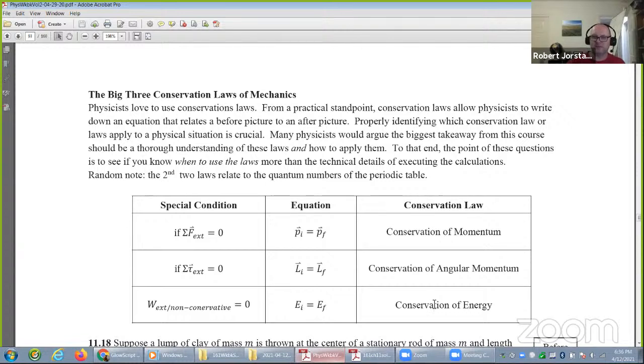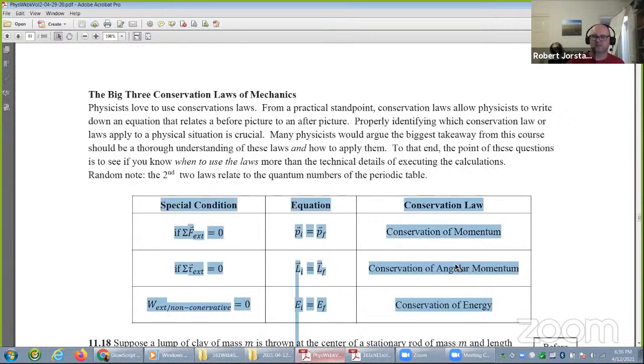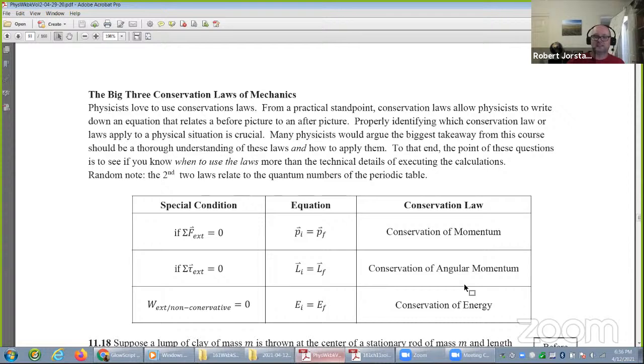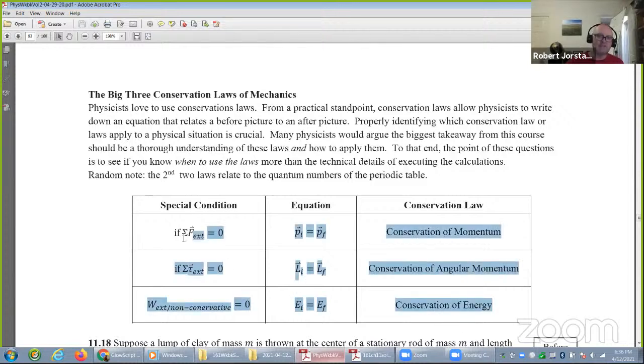Obviously, knowing the big picture without knowing how to do the nitty-gritty details is approximately worthless. So it's not enough just to know this table and think you understand physics. However, it's not enough just to know how to flip some equations around either. It's the combination of knowing when you can apply these conditions and how to apply them.